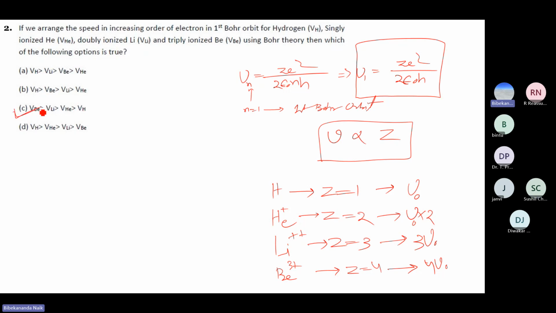So the correct option is option C, because among all these atoms the atomic number is lowest for hydrogen, and since the speed of the electron depends upon the atomic number, and the atomic number of hydrogen is 1, while the other atoms have atomic numbers greater than 1, the minimum will be that of hydrogen, then in increasing order helium, then lithium, then beryllium. So the correct option will be option C.